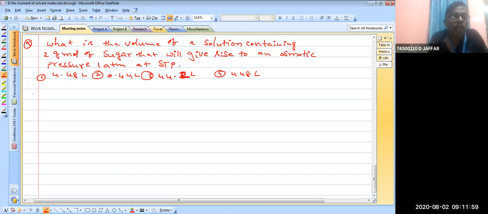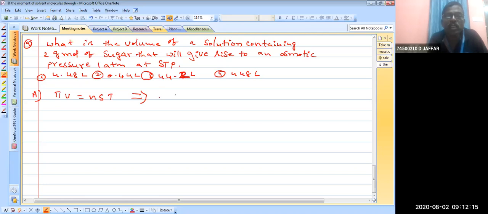Here the formula we want to use is πV = nST. In this, we want to find out V only.